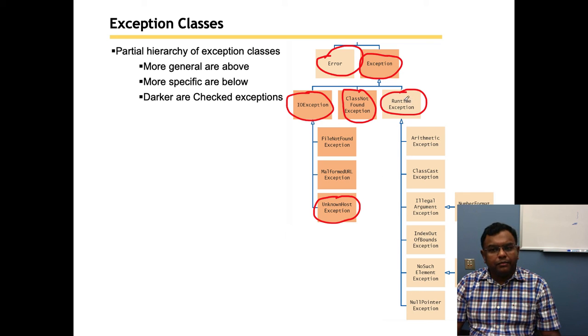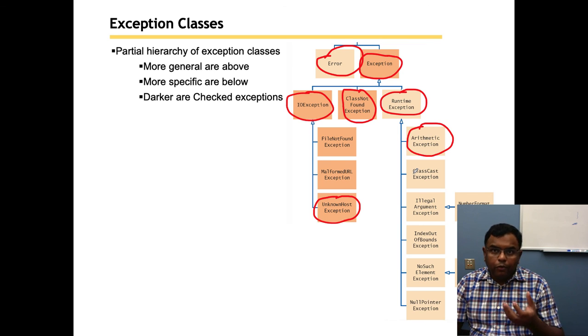Similarly, there are many runtime exceptions. For example, ArithmeticException, which happens, as I told you, if you try to divide a number by 0. That is an unknown situation and that's the exceptional situation that will happen. Then ClassCastException. If a number is already floating point and then you are trying to convert it into an integer and that cannot be done.